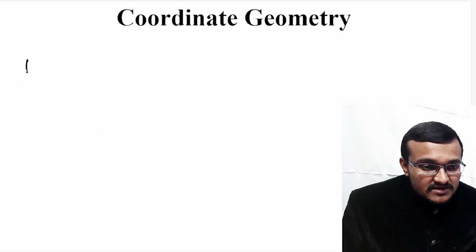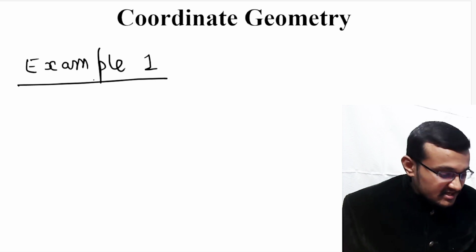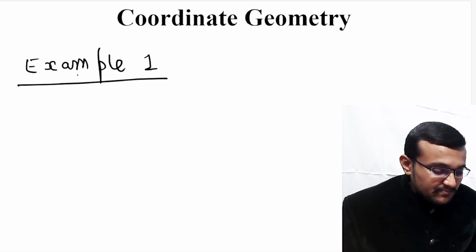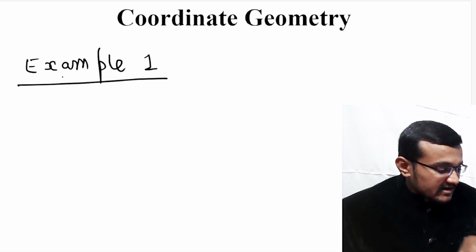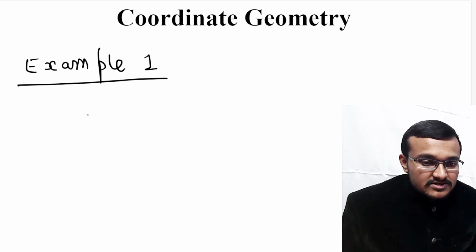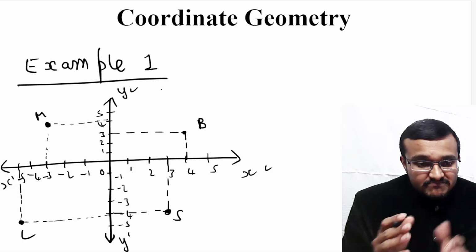Now, based on this, we will try to solve example 1 in this chapter. In example 1, they have given one particular figure, so now I'll draw this figure, and after drawing it, we'll look into the example. This is an xy plane.